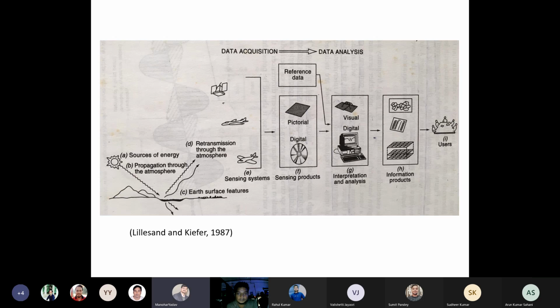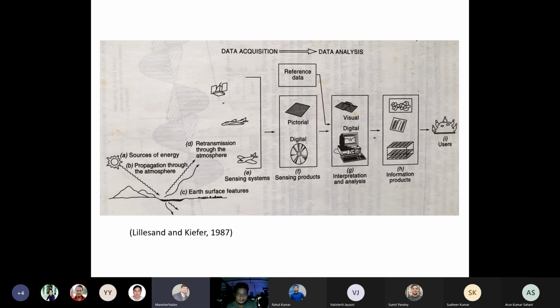Then at step G, we do the interpretation and analysis. If you want to extract certain information, that is done at step G. Finally, the application-oriented information product is obtained and will be utilized by the user at step I.